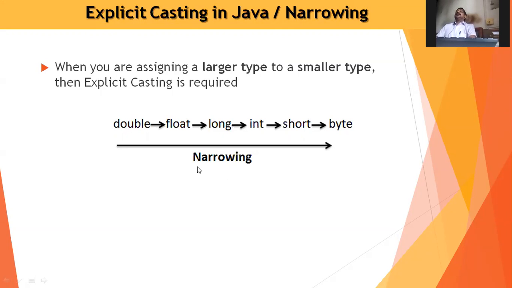We can convert any data type to another similar type. For example, double is a numeric quantity which can have a decimal point, and it can be converted into an integer that does not have any decimal point. This can happen in Java, and that is called explicit casting.